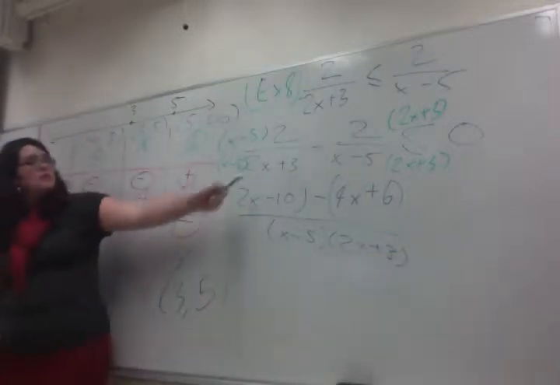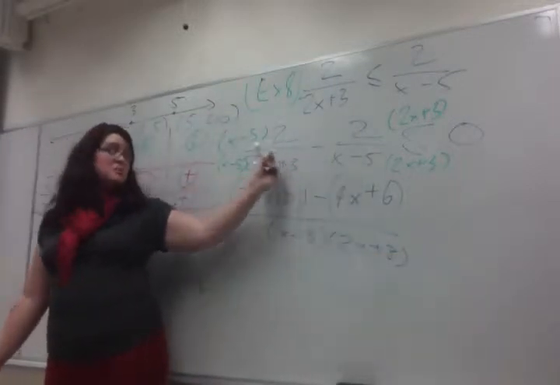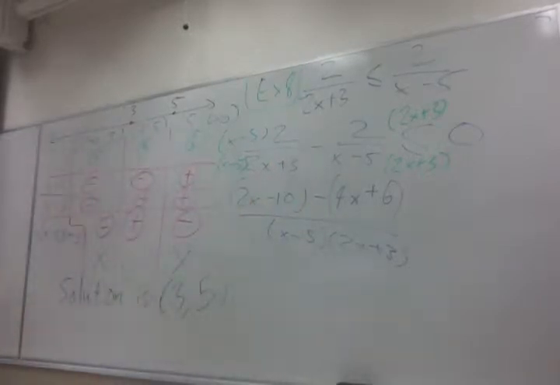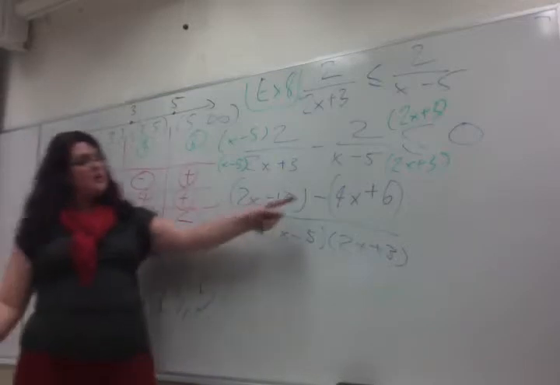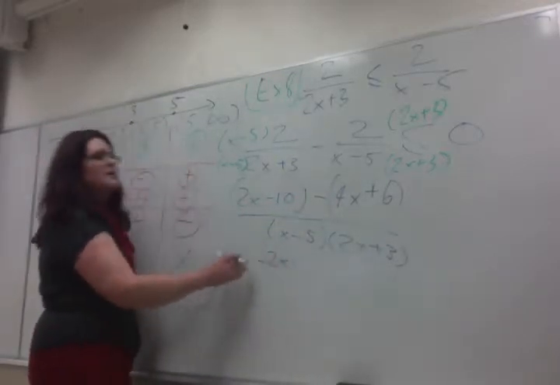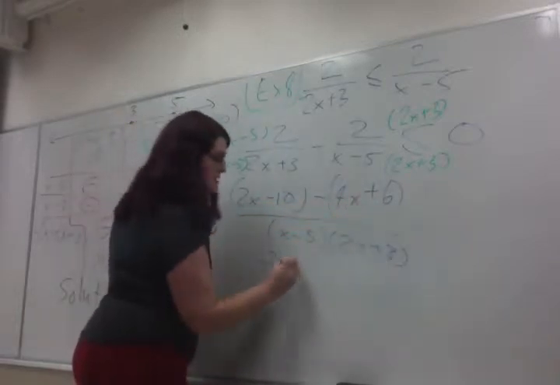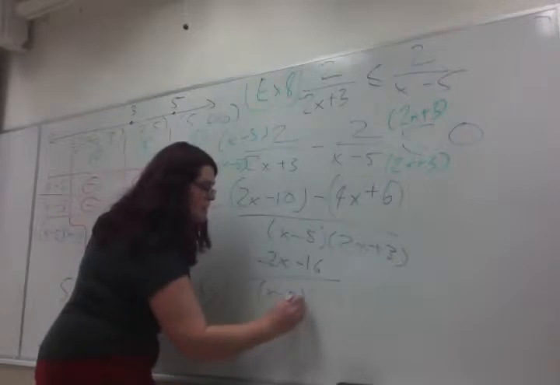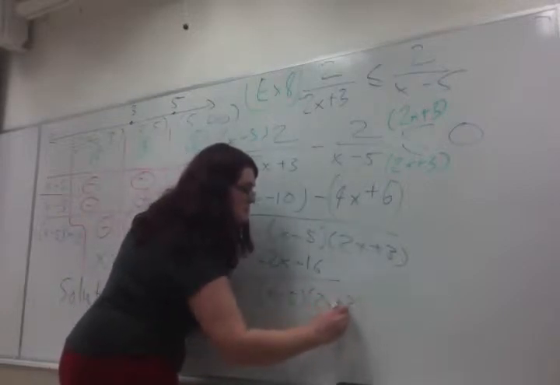Because the denominator here and the denominator here are the same. We're just subtracting the two numerators. So then 2x minus 4x gives you negative 2x, negative 10 minus 6, negative 16, over x minus 5 times 2x plus 3.